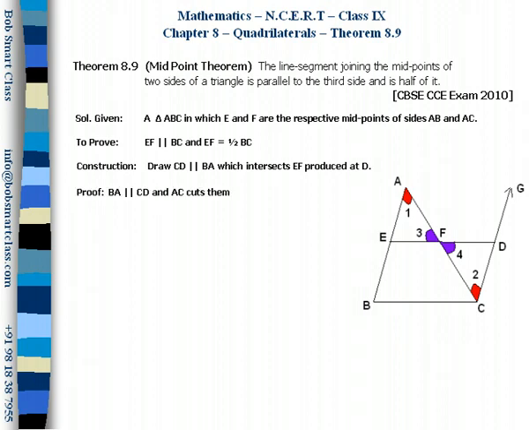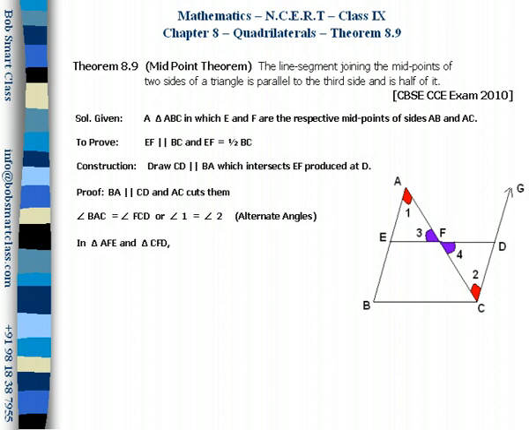Side BA is parallel to side CD and AC cuts them. Now angle BAC equals angle FCD, or angle 1 equals angle 2, because they are alternate angles of transversal AC cutting two parallel lines BA and CD.